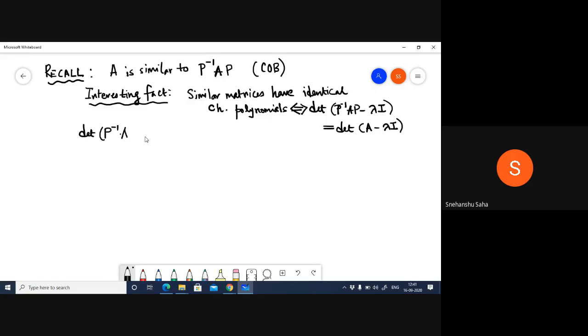I am actually not going to compute the determinant per se, but I'm just going to look at this. This is nothing but the characteristic polynomial for this particular matrix P inverse AP.